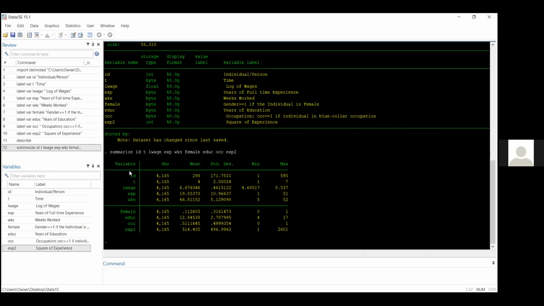The relationship between wages and experience is not only linear. It also involves going up and reaching a maximum, after which more experience does not increase wages. Actually, it even leads to a decrease.